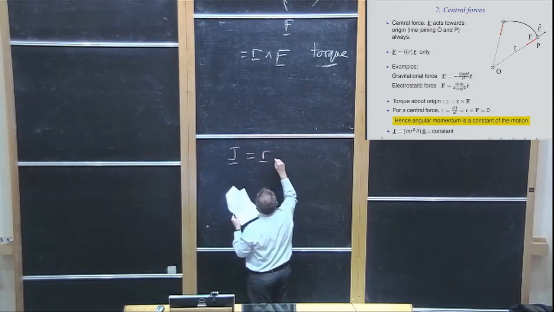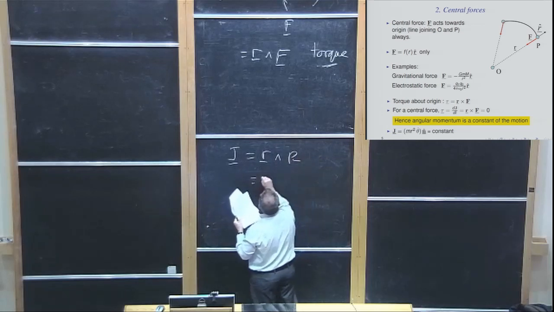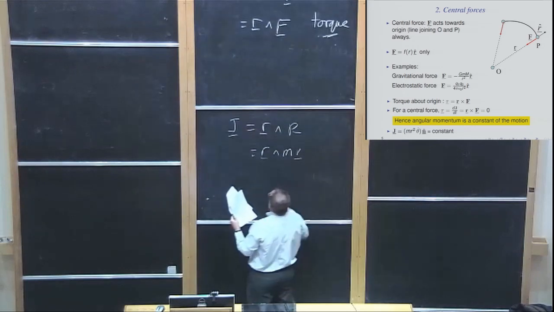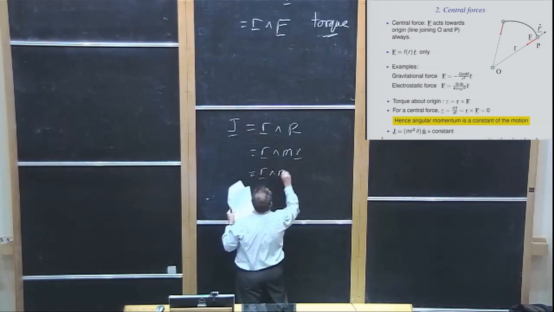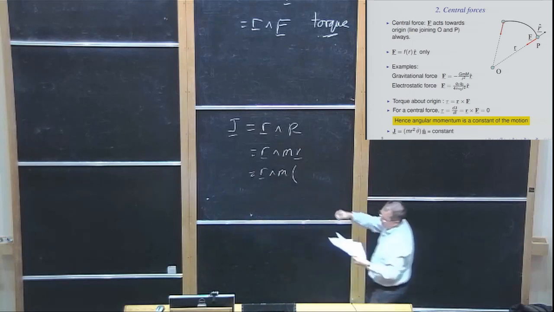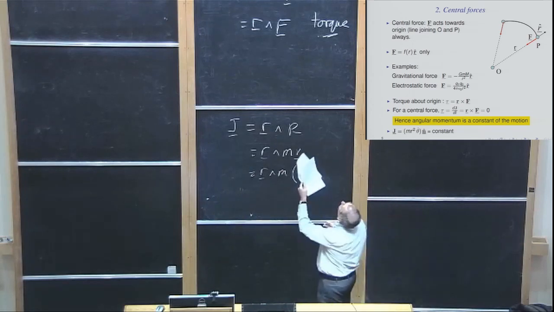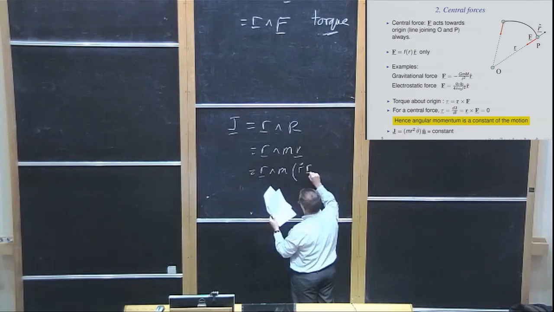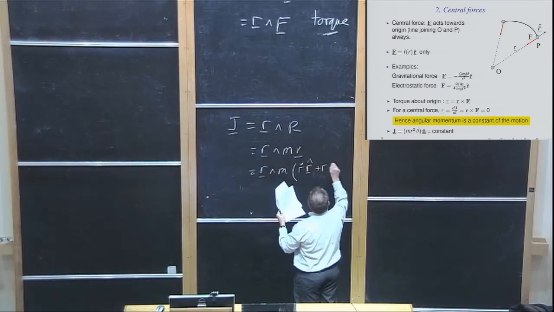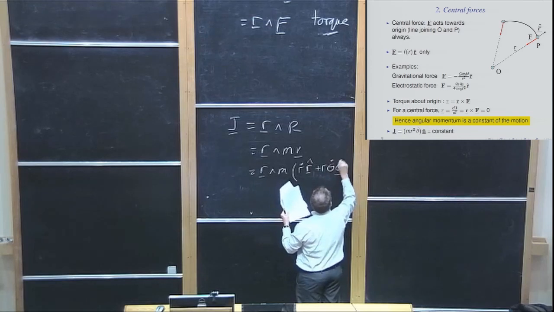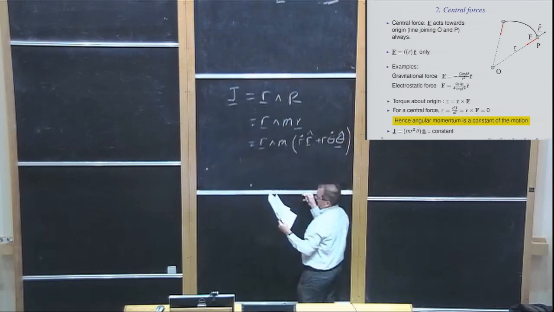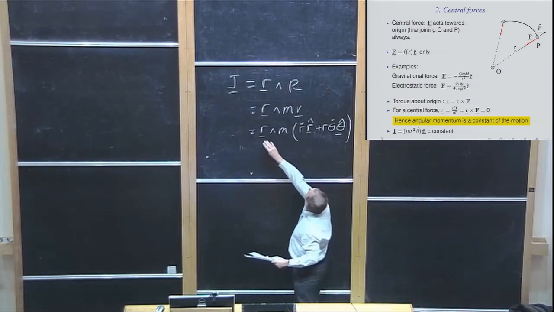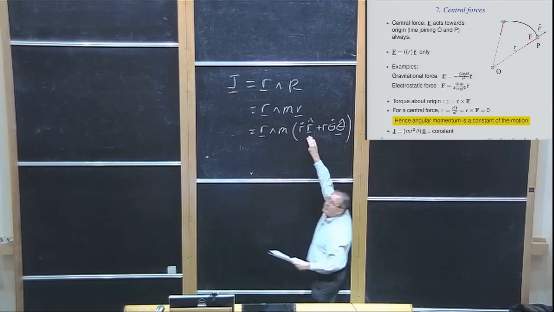J equals r cross p, which is r cross mv, which is r cross m, and now let me write v in terms of that expression we derived at the top of the board: r dot r hat plus r theta dot theta hat. Now, I'm taking a cross product of r with r hat.